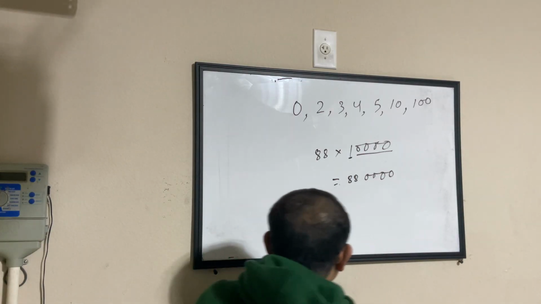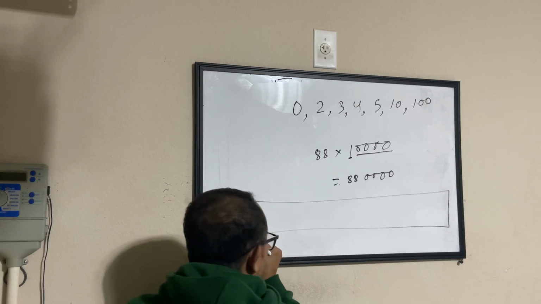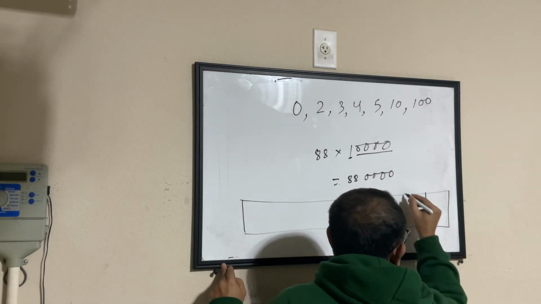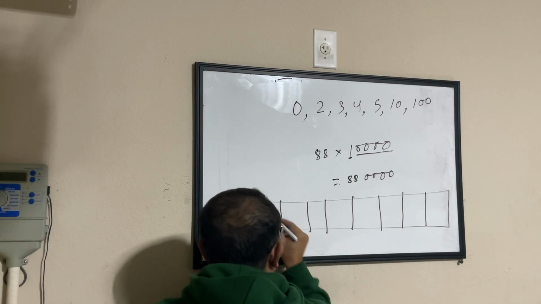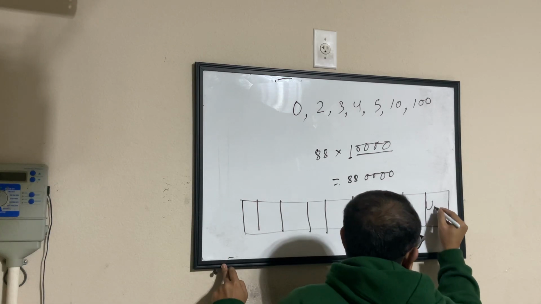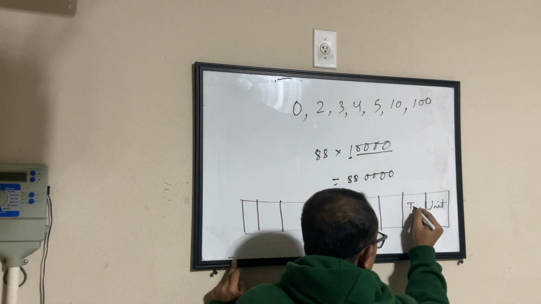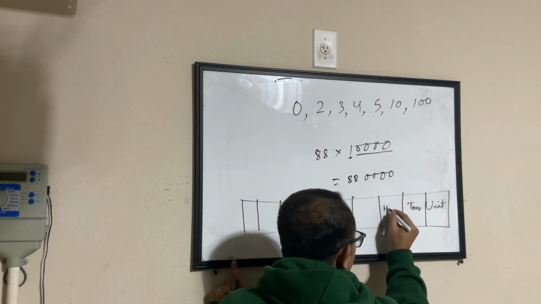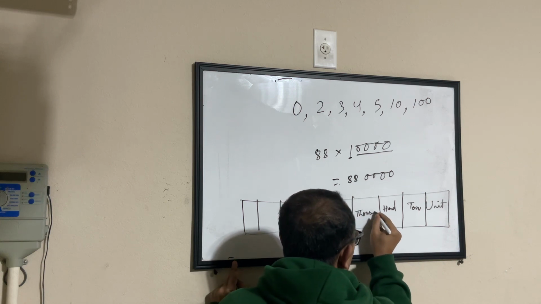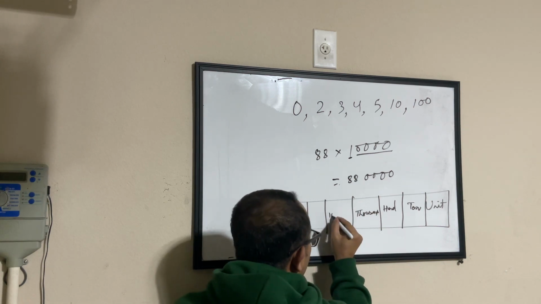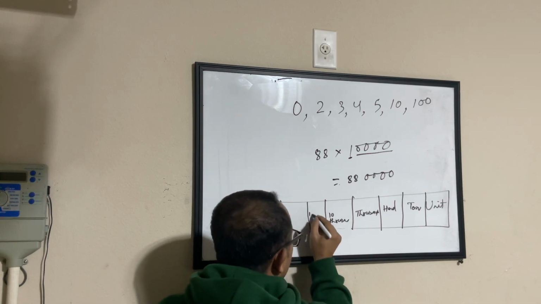So now comes the place value thing. Let's quickly revise that so that you guys don't get confused. It starts this way. This is unit place. You all know. This is tens place. You all know. This is 100. This is 1,000. This is 10,000. This is 100,000.